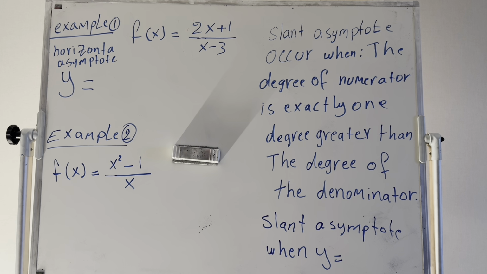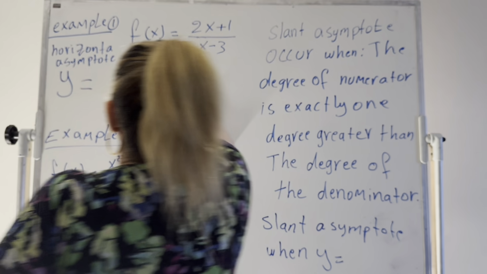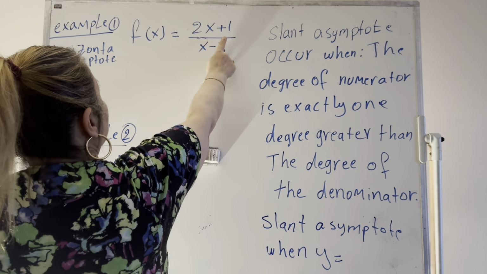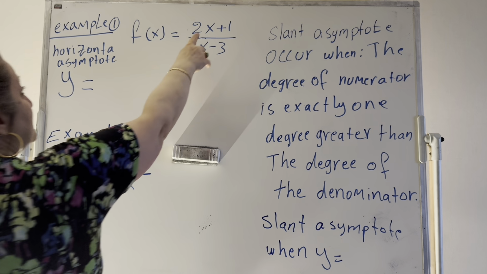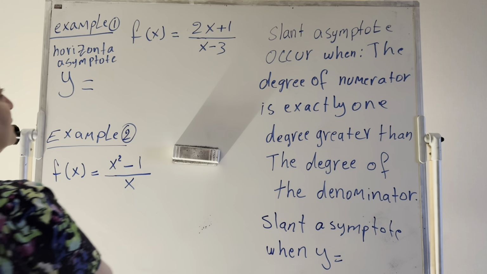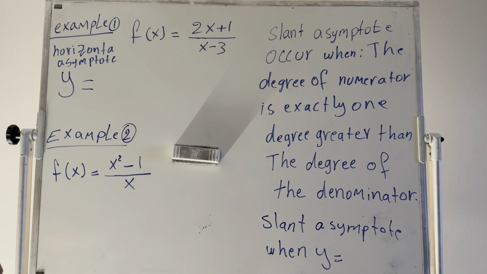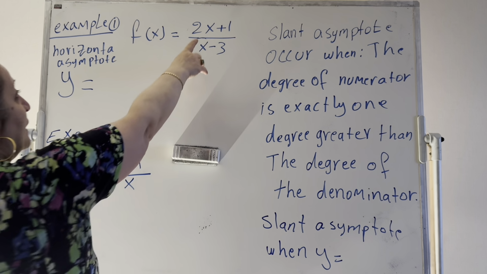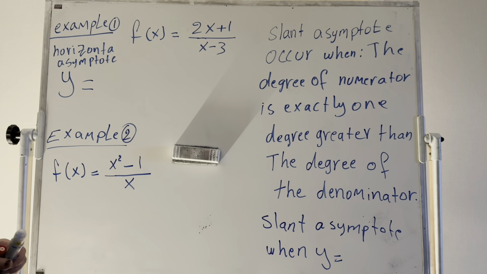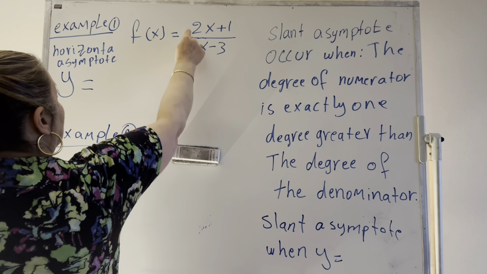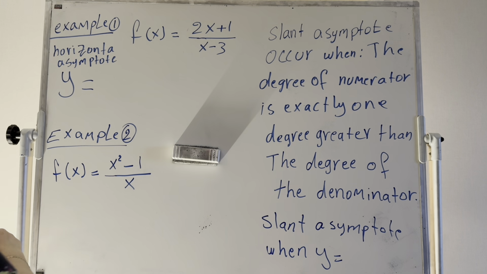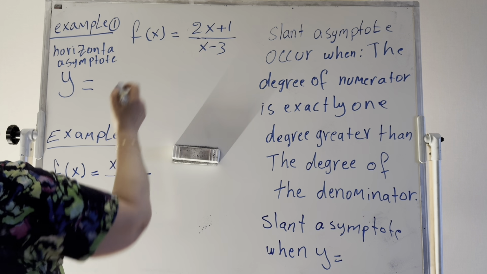In this example, f of x equals 2x plus 1 over x minus 3, we have the same degree in the denominator and in the numerator, so we take the ratio of the coefficients.